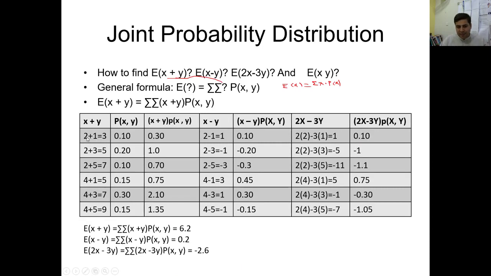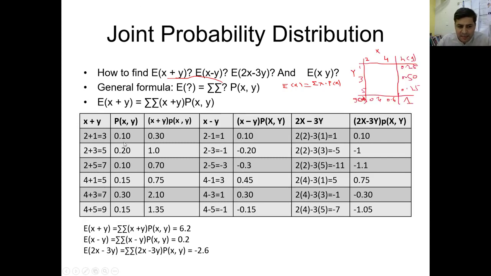So this is the value of x and this is the value of y: 2 plus 1, 2 plus 3, 2 plus 5, and 4 plus 1, 4 plus 3, and 4 plus 5. In this way we construct x plus y.